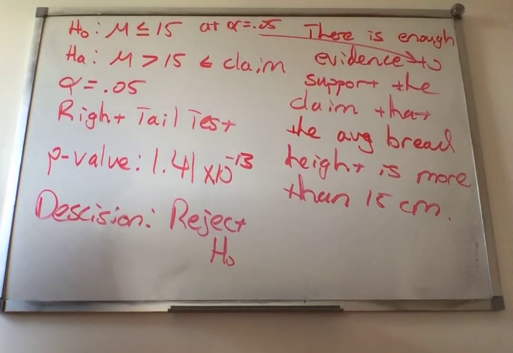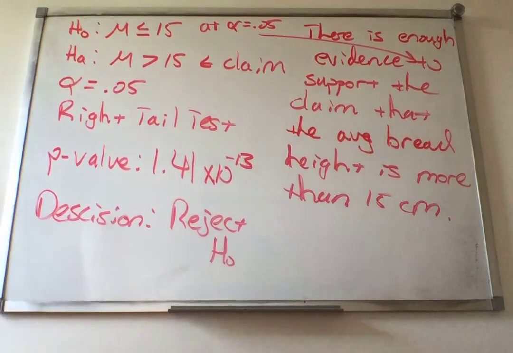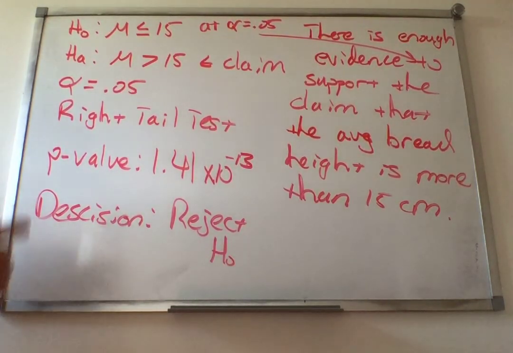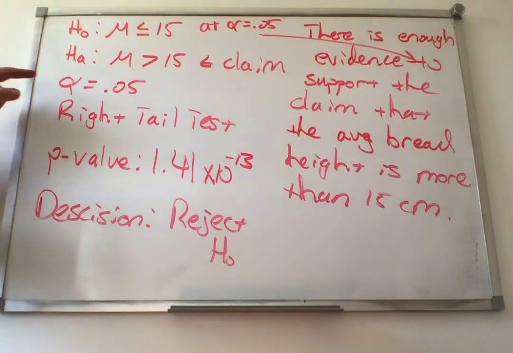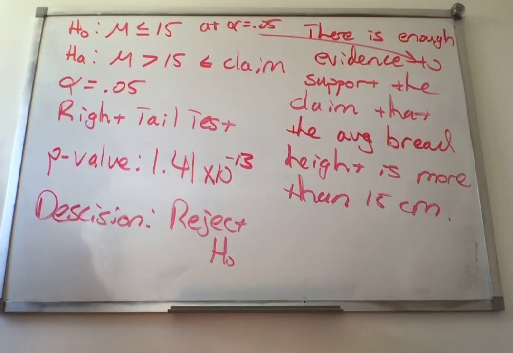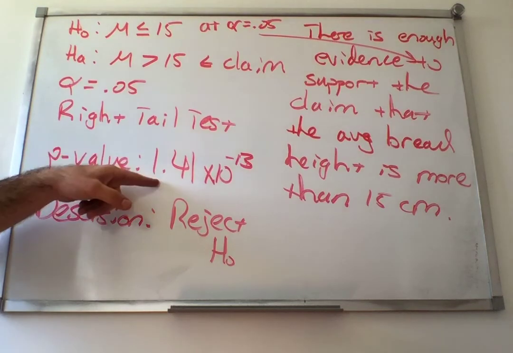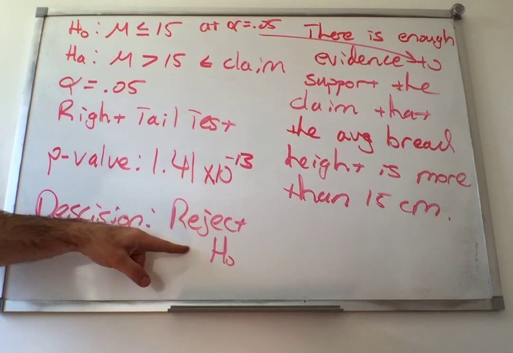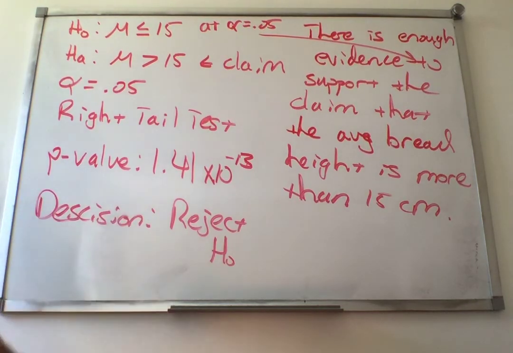Now, let's talk about our p-value one more time. And let's talk about it in relation to our alpha value. Remember in the introduction videos, I said the alpha value is the maximum allowable error, or maximum allowed probability for a type 1 error, okay? When we find this p-value, although it came out to a conclusion of rejecting the null hypothesis, we could do this study one more time and we could get a different p-value.